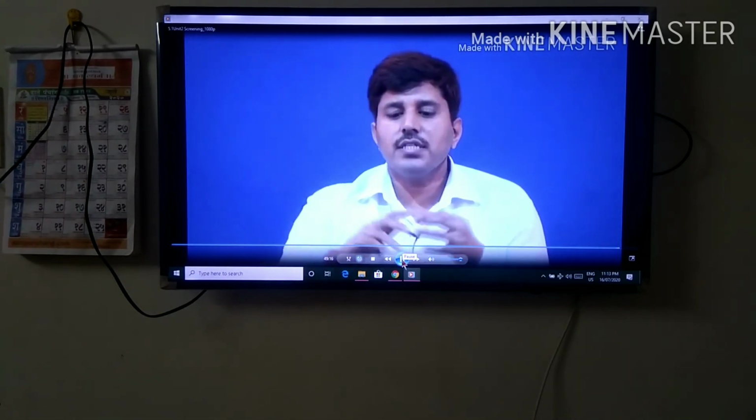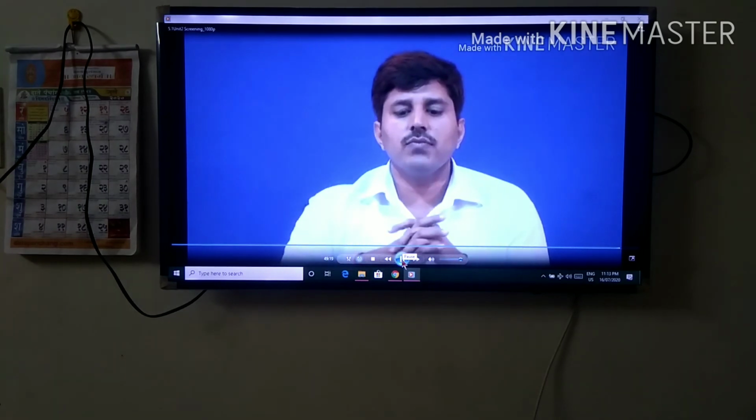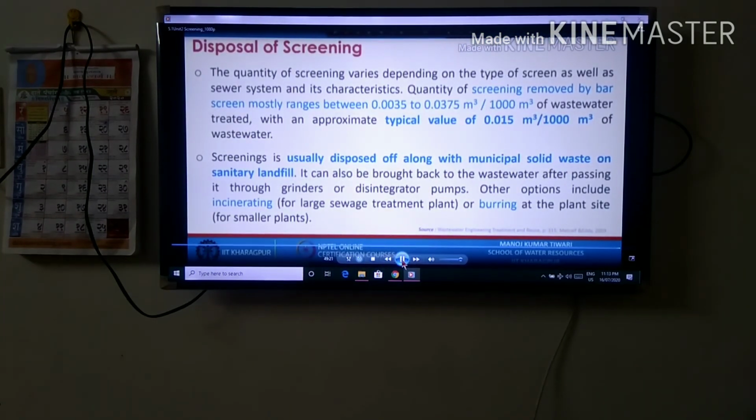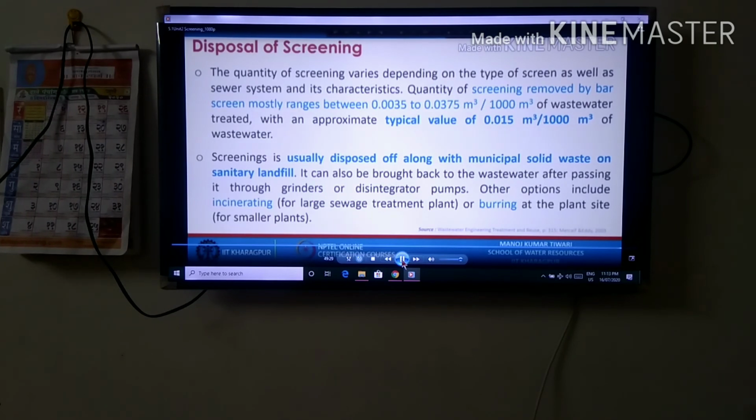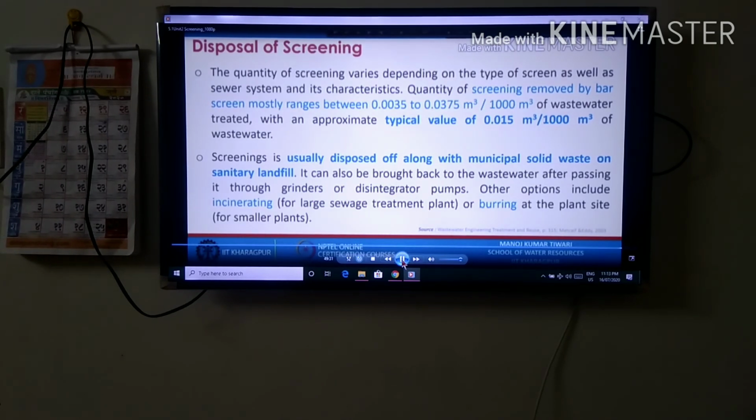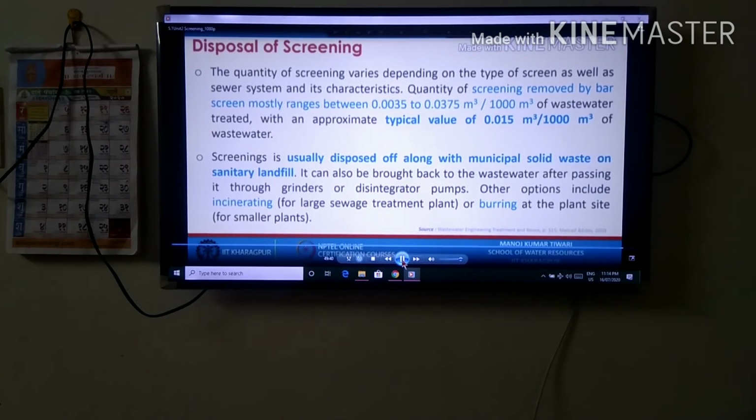The quantity of screenings removed by bar screens mostly ranges from 0.0035 to 0.0375 meter cube per 1000 meter cube of the wastewater treated. And we approximate a typical value of 0.015 meter cube per 1000 meter cube of the wastewater.